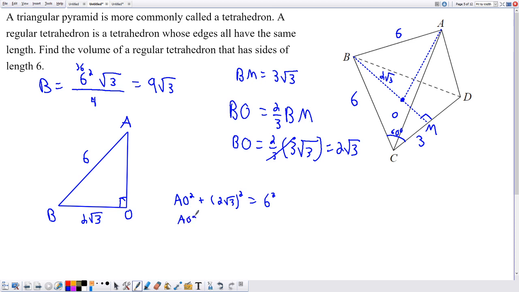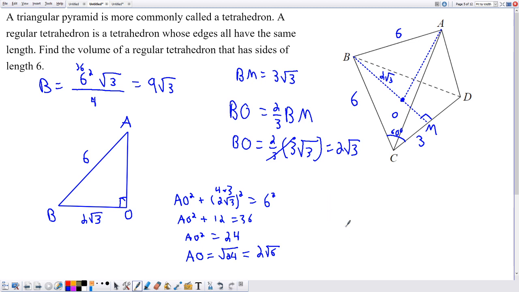So AO squared plus, well, 2 squared is 4 times 3 gives us 12, equals 36. Subtract 12 on both sides to get that AO squared is 24, which means that AO is the square root of 24, which can be broken down as 4 times 6. The square root of 4 is 2, and we're left with square root of 6.